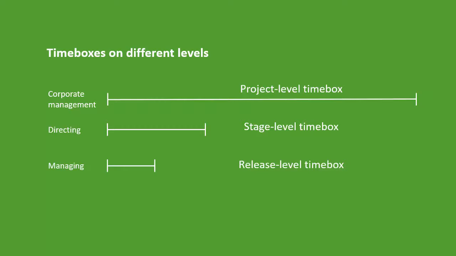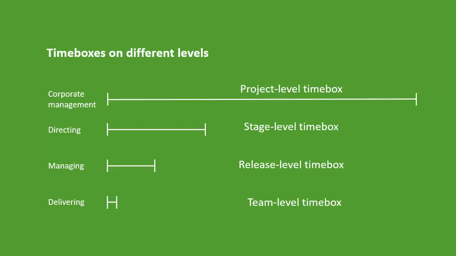Now the next level time box beneath the stages will be the releases. When can you release something? So if you have 4-month time boxes for your stages, maybe you want to go with 2-month time boxes for your releases. Then you can fit 2 releases into 1 stage. That works pretty nicely. Below the releases, we have the lowest level time box, which will be on the team level, and that's the sprint or the team level iteration.